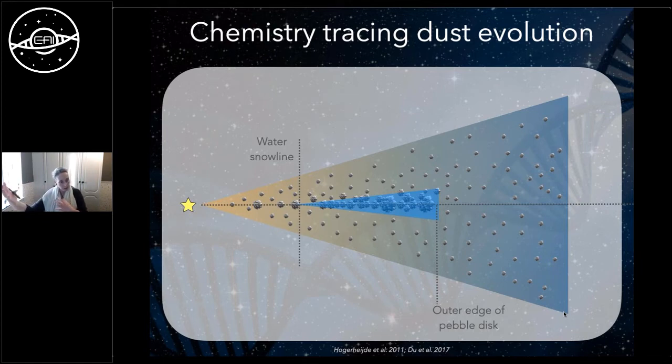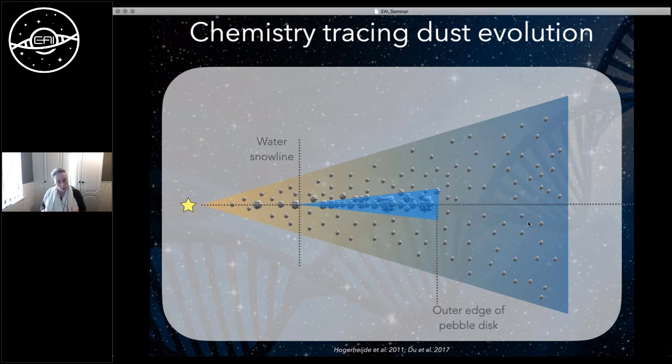So if the dust grains are growing, settling and drifting inwards, they're also bringing those ices that they host deeper into the disk and further in towards the star as well. So instead of that picture that I showed you at the start, what you end up with is something more like this, so a much more settled and compact ice reservoir.